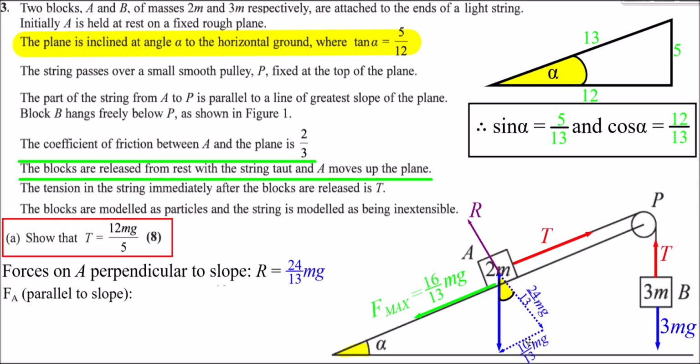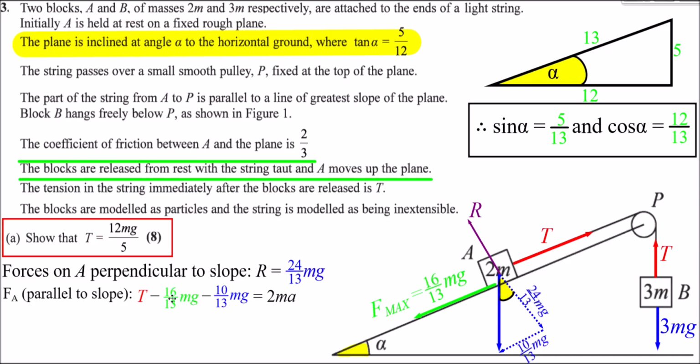According to Newton's second law, that'll be the mass of A, 2m, multiplied by its acceleration. So piecing that together, the overall force acting on A, going up the slope, which is this expression here, is equal to the mass of A, 2m, multiplied by the acceleration.